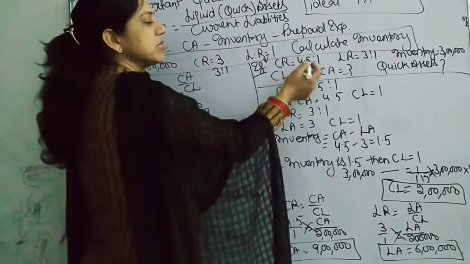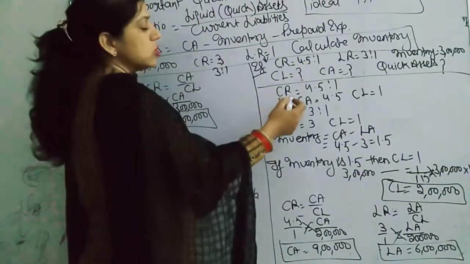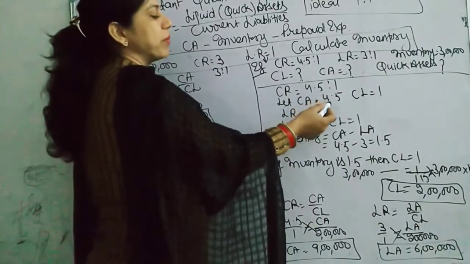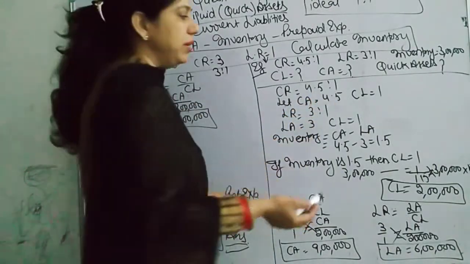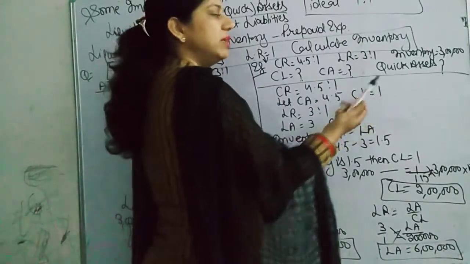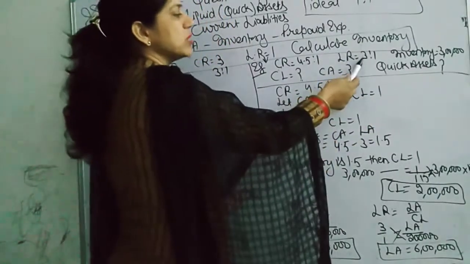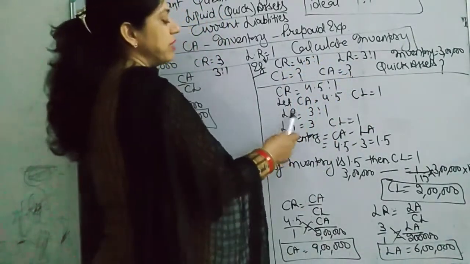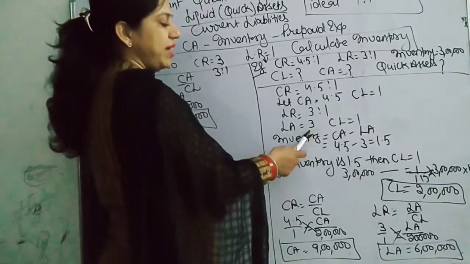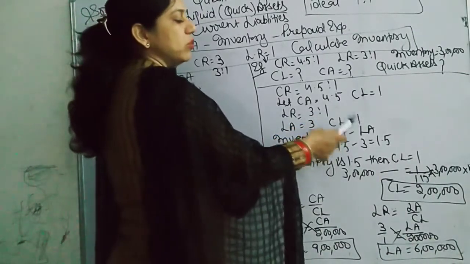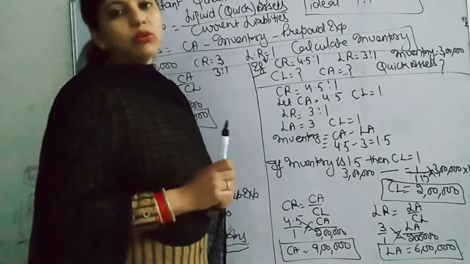As current ratio is given 4.5 is to 1, let current assets be 4.5 because no amount is given, and current liability 1. Similarly, liquid ratio is given 3 is to 1, so liquid assets are 3 and current liability is 1.